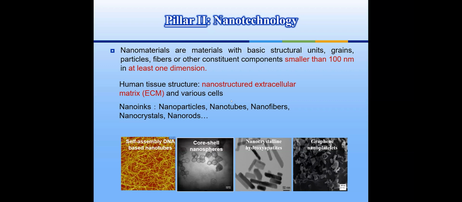In addition, we also work on graphene, a carbon-based nanomaterial, mixed with gel and then printed for different applications. In the following, I'm going to focus on 4D printing, especially related to smart materials and also integrated with nanomaterials for different applications.